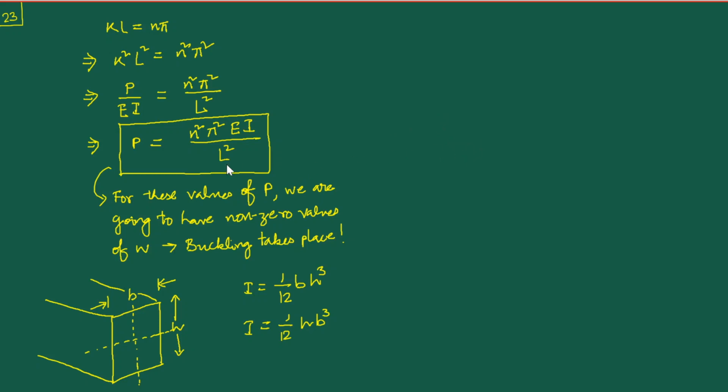Another important, very classical phrase that we often use is the critical buckling criteria, or the Euler buckling criteria.